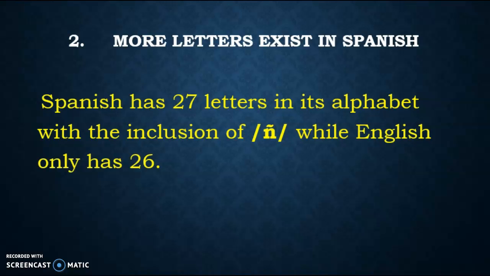Basically, in Spanish, there are more sounds like vowels and consonants. Without forgetting, we have an umlaut. In Spanish it is diéresis. This indicates that the letter has to be pronounced.